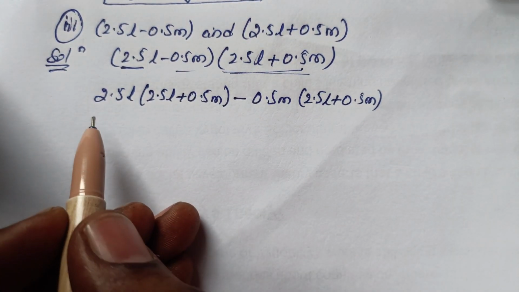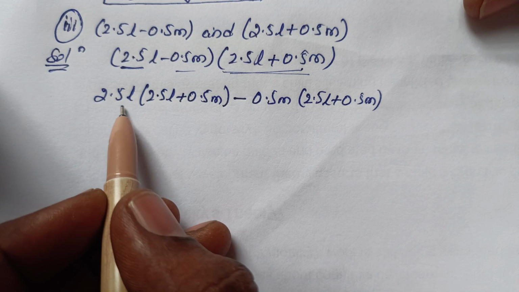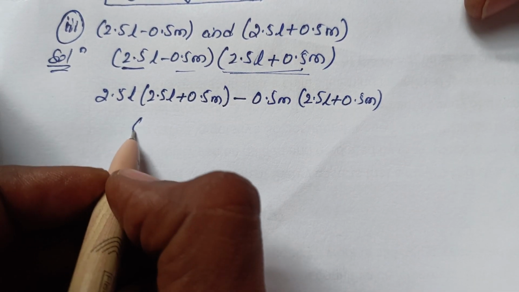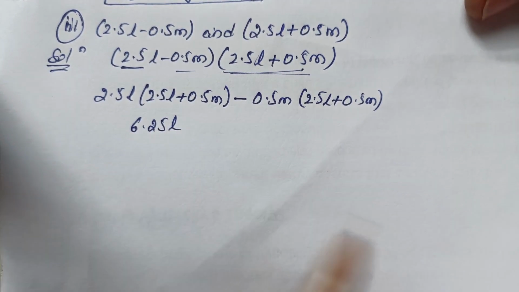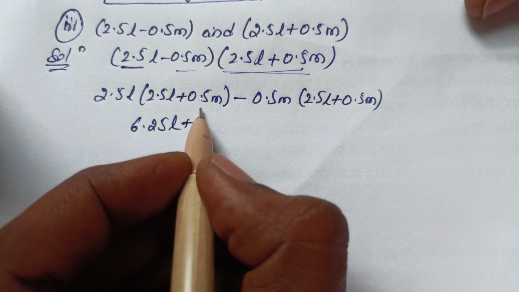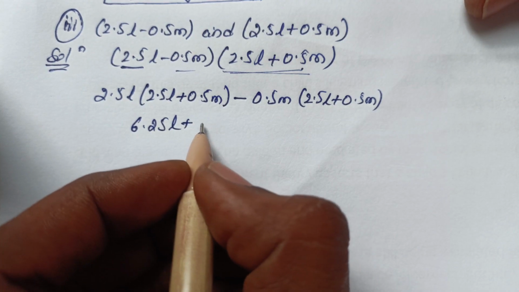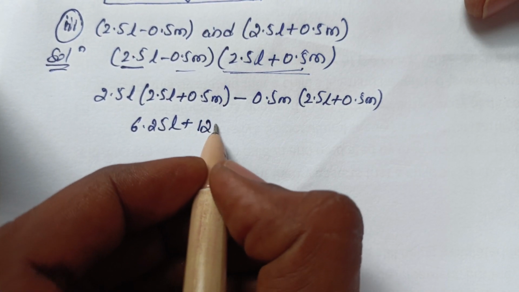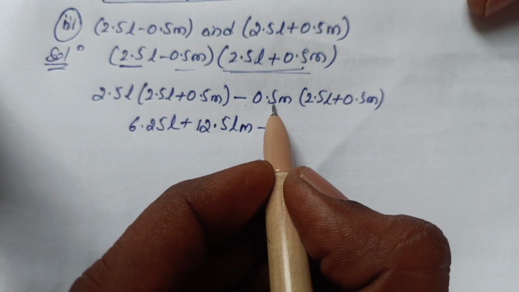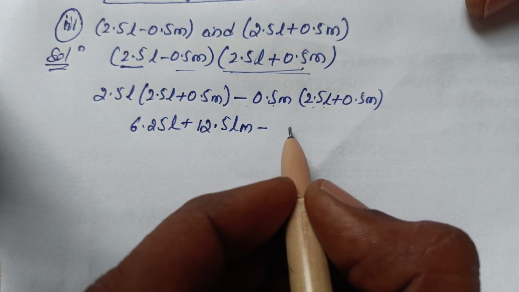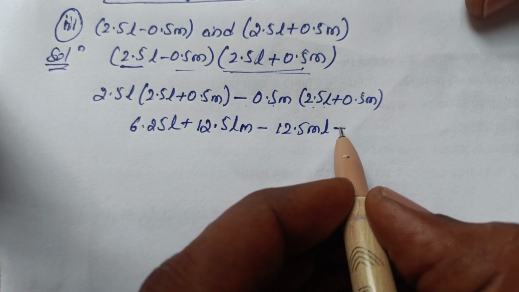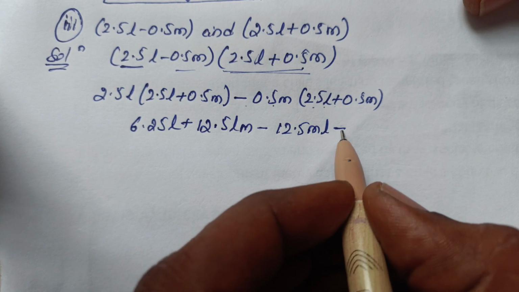Let's calculate. 2.5 into 2.5, we will get 6.25 l square when we multiply, plus 2.5 l into 0.5 m will get 1.25 lm. Now minus, as it is, 0.5 m into 2.5 l, again we will get 1.25 lm, plus into minus is minus.